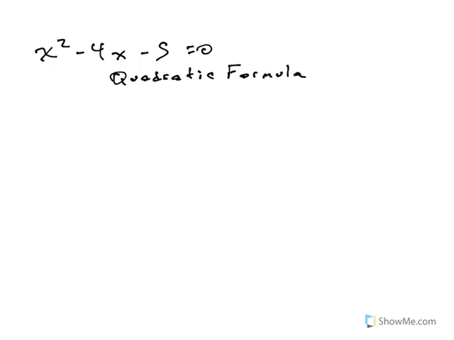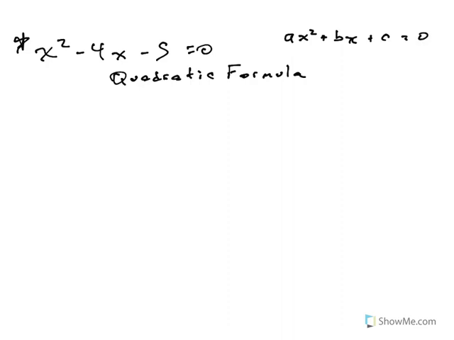The quadratic formula says if you plug in the numbers to this formula, you will automatically get the answers for that equation. First thing to do to use the quadratic formula is you must get your equation into the standard form. So again, the standard form was ax squared plus bx plus c is equal to 0.